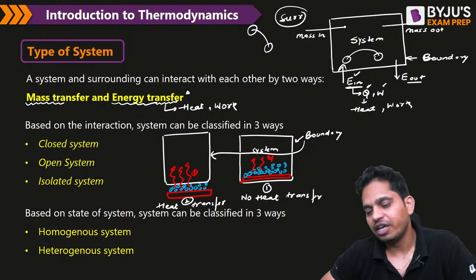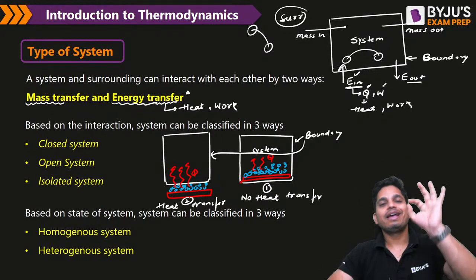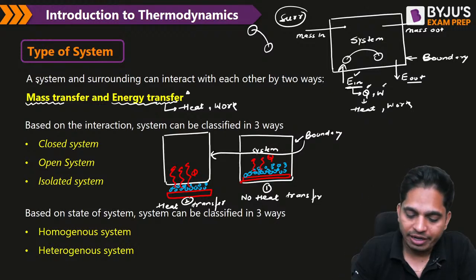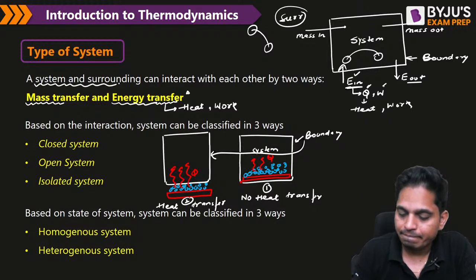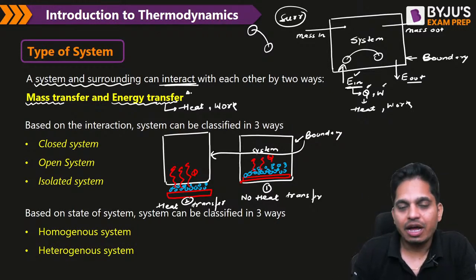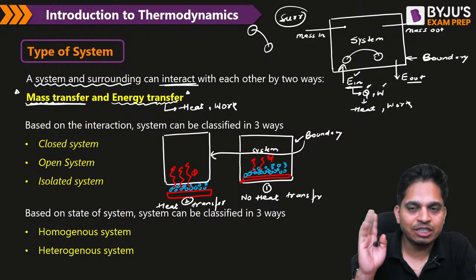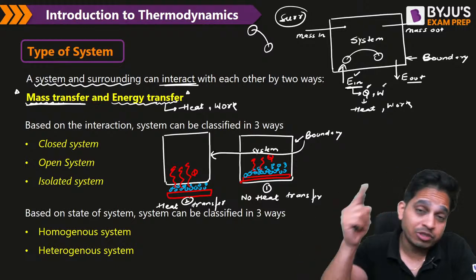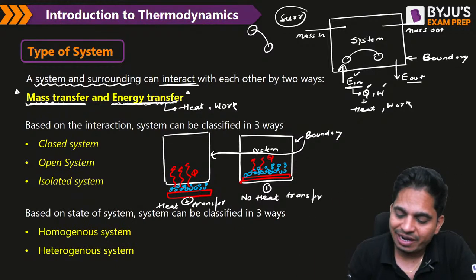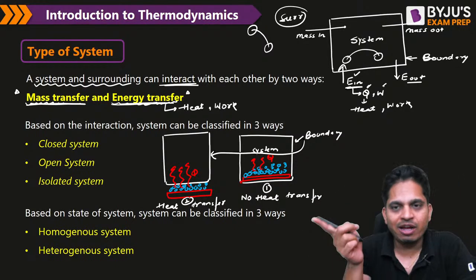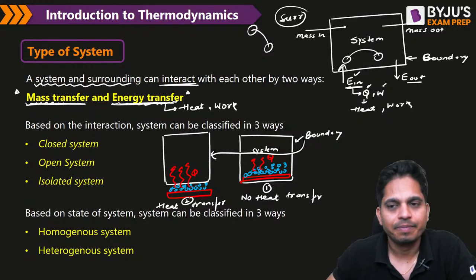Okay, so what I have told you is that the system and surrounding can interact either in the form of mass transfer, either from system to surrounding or from surrounding to system, or energy transfer from system to surrounding or from surrounding to system.